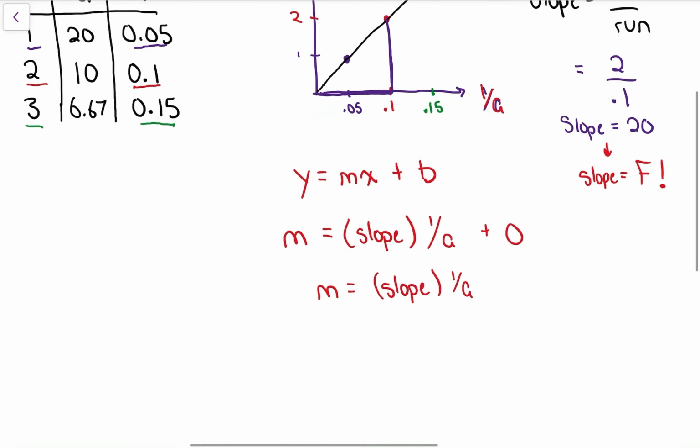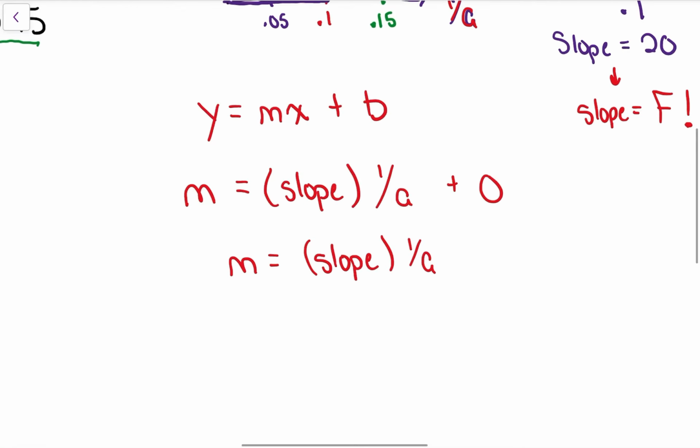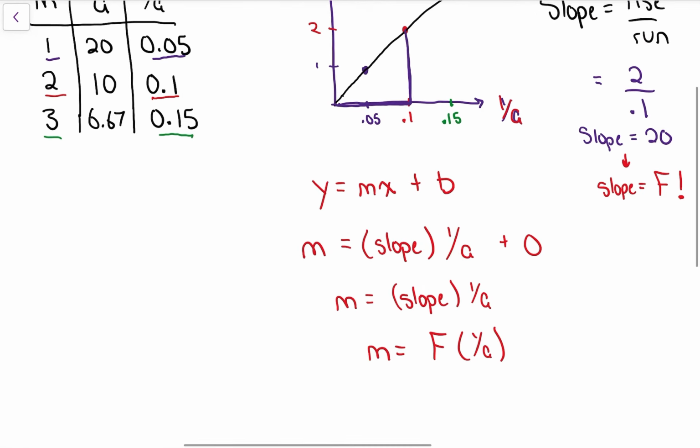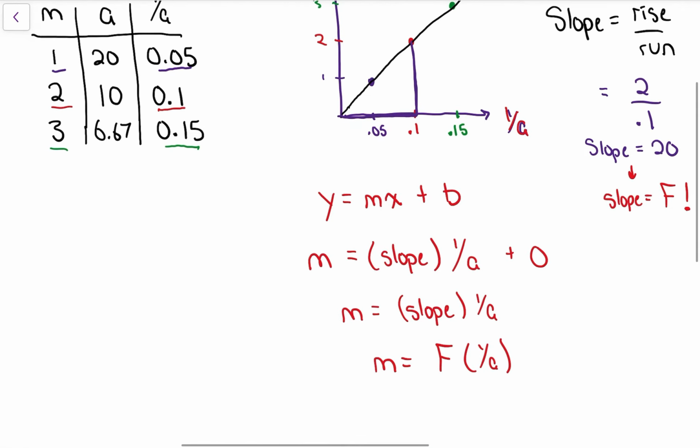So if I do that little substitution, I can say that mass is equal to force times 1 over a. It's a little bit ugly, but that's the relationship we got from this part of the lab. We've connected the mass, force, and acceleration in this weird equation that mass equals force times 1 over a. That's part 1 of the lab. I'm going to give you another talk through on part 2 of the lab.